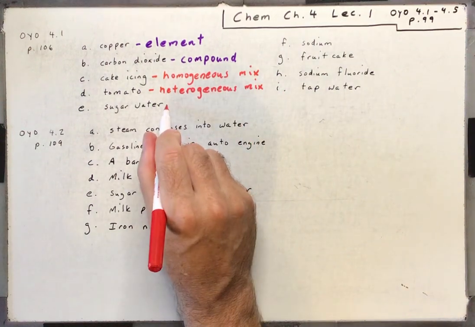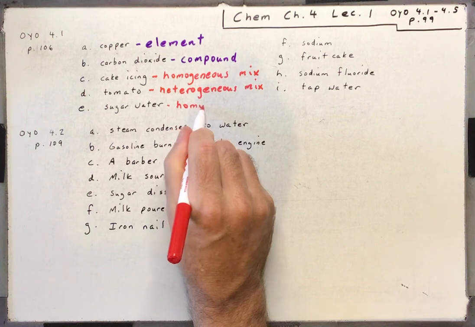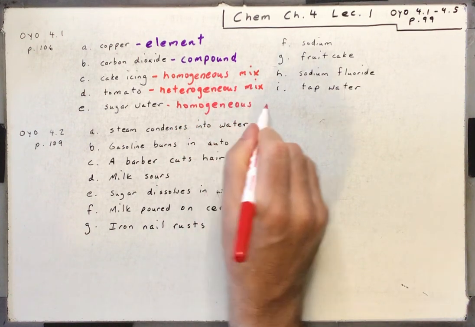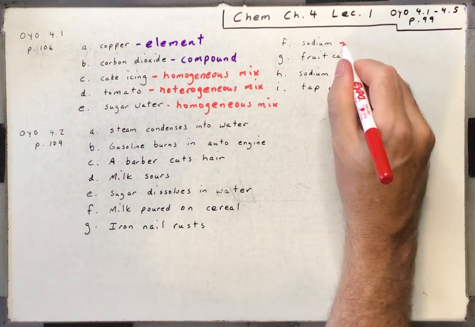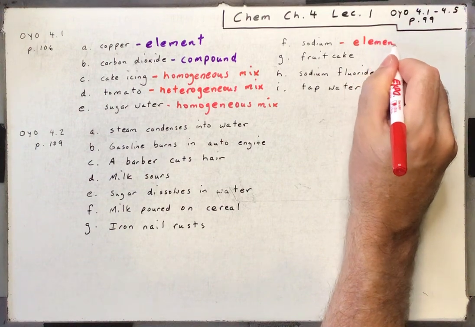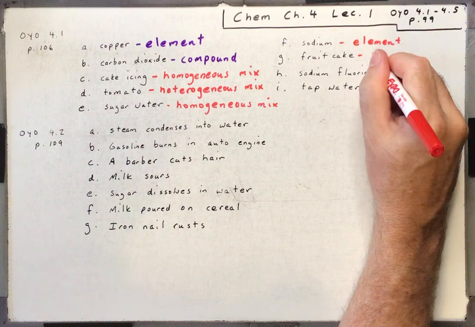Sugar water would be a homogeneous mixture. Sodium, that's just Na, that's an element on the periodic table just by itself. Fruitcake is a heterogeneous mixture.